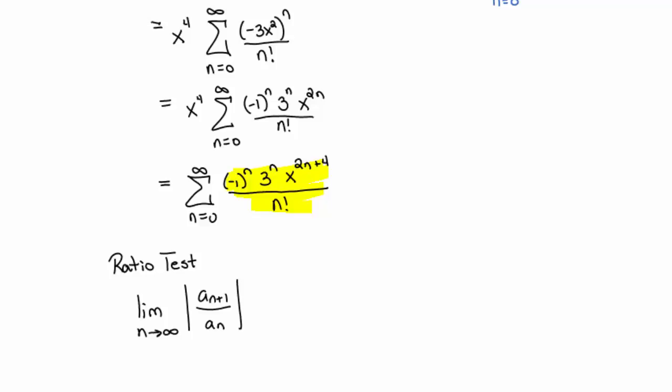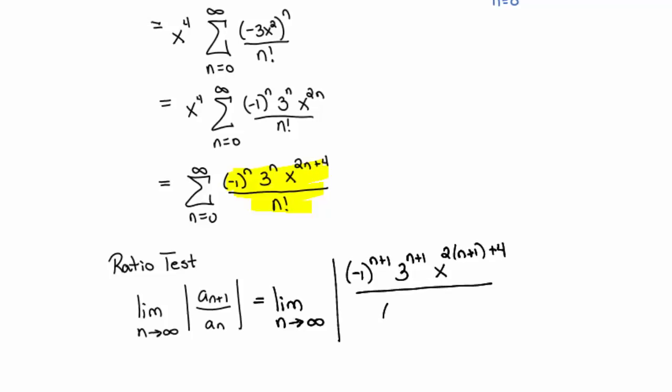So we'll say that's equal to the limit as n goes to infinity. We'll replace all the n's in that highlighted section with n plus 1s. That's 3 raised to the n plus 1, and then you have x to the 2 times n plus 1 plus 4 all over n plus 1 quantity factorial.